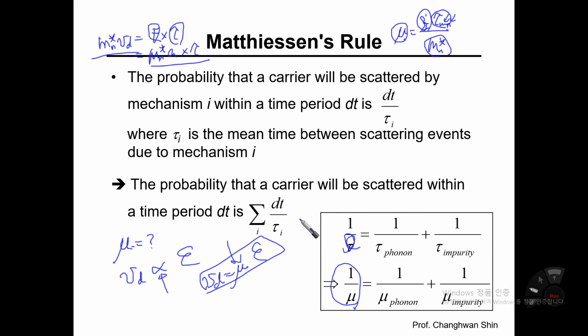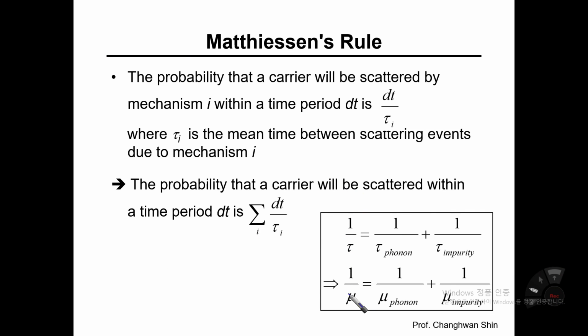So tau is equal to mn asterisk times mobility over q. Plug in here, then this mn asterisk over q is a common term for all these terms, so they are going to be canceled out. In the end, instead of tau, you can just place the mobility mu. That's it. We're going to end up with this equation.